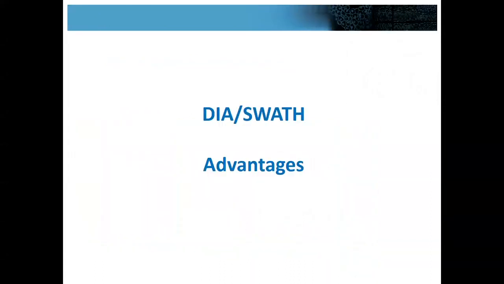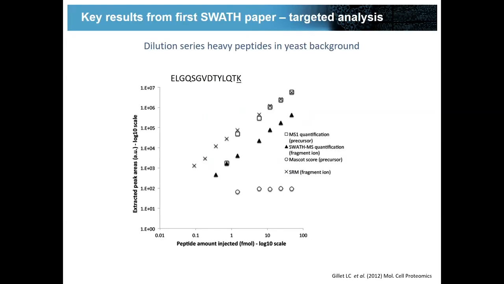So what might some of the advantages be of DIA over more targeted, or well, let's say other methods? This is a figure again from this earlier paper from Ludovic, 2012, and this is supposed to depict how we thought at that time these different methods compared to each other.